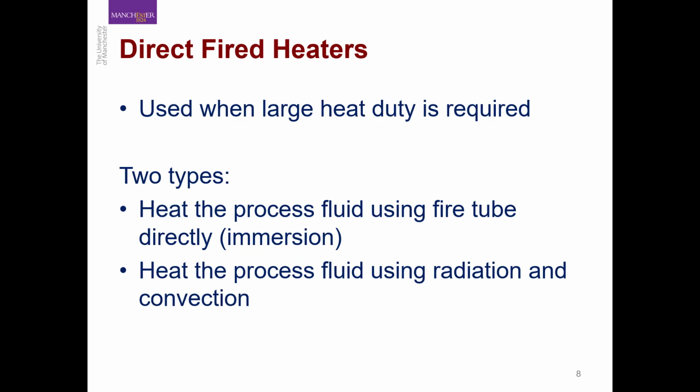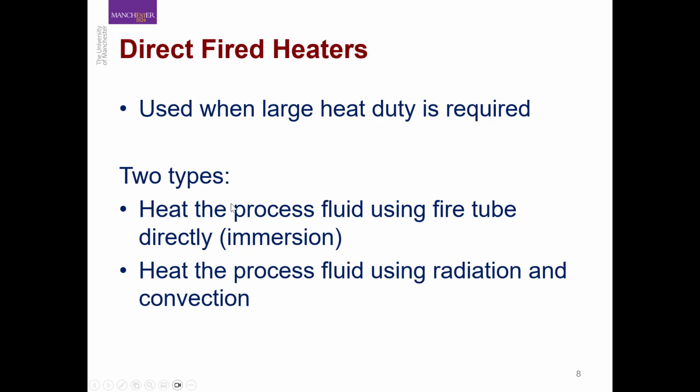So, because in the case of direct fire heaters we do not have any intermediate fluid, the heat will be transferred directly from the fire tube to the process fluid. As such, you will be able to have much higher heat transfer, and you can attain higher heat duties. Okay. So there are two types of direct fire heaters.